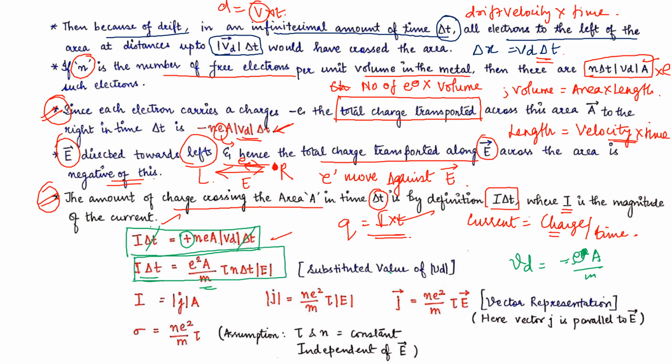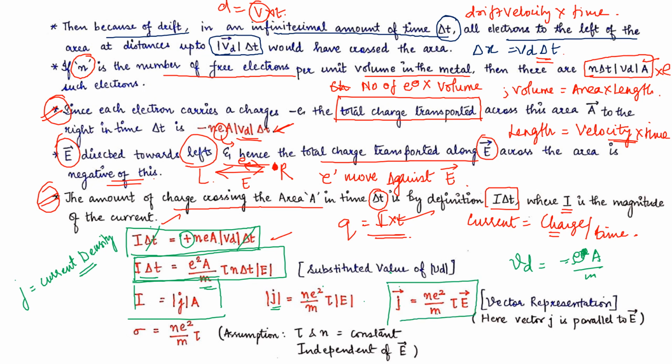Then from here we will introduce the magnitude of our current density. I have provided a video where I have explained what current density is before this lecture itself. To revise the current density, go and watch that also. Now I equals J into A, current density into area, where current density is n e square by m tau E, and the vector representation is J bar equals n e square by m tau E to the power vector.